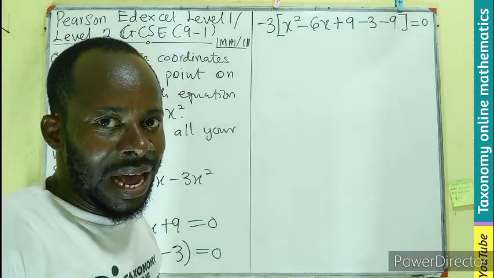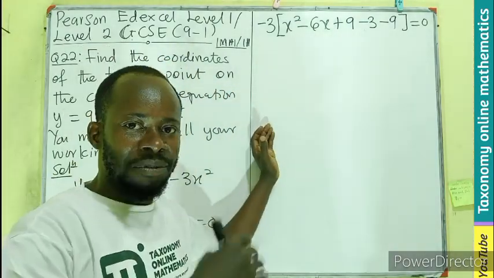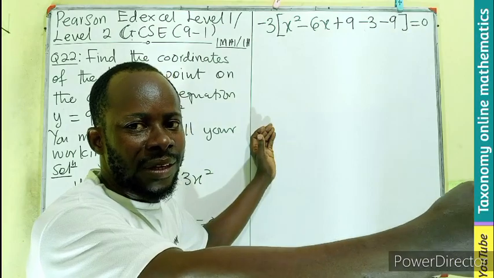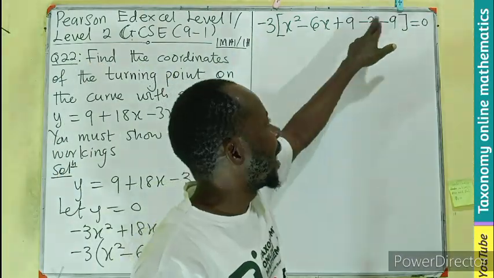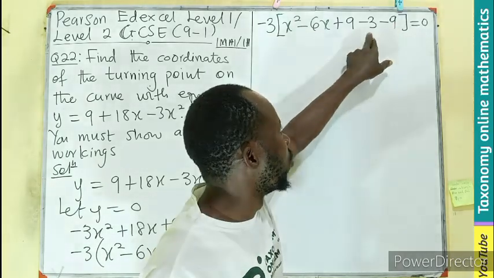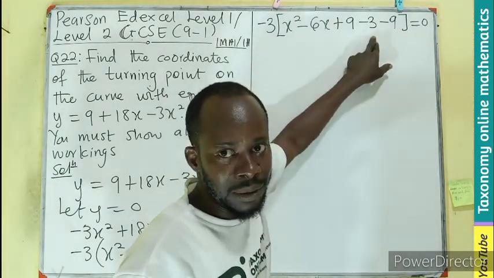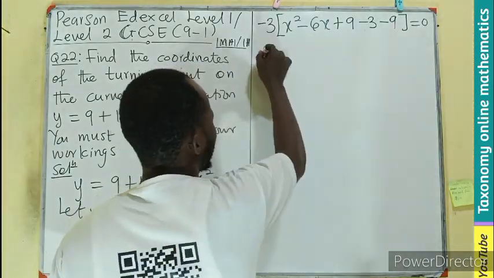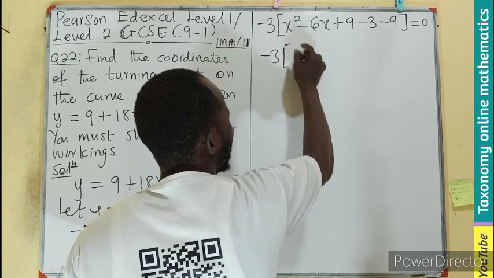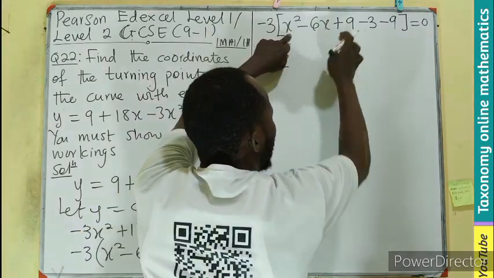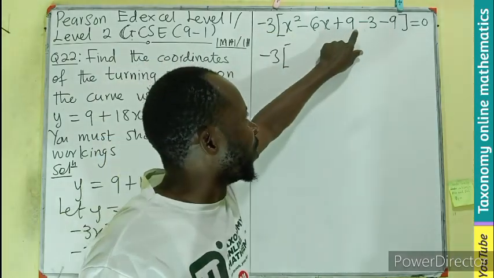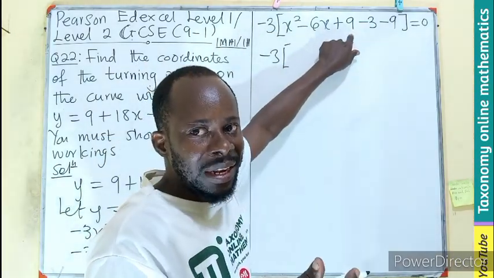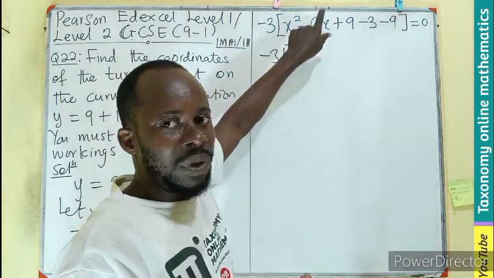In the actual sense, we add to the left and add to the right, but here we are doing everything on the left. So we add the 9, then subtract the 9, so that we still have the same terms intact. The first three terms are a perfect trinomial, 3 squared, and half of this gives us 3.